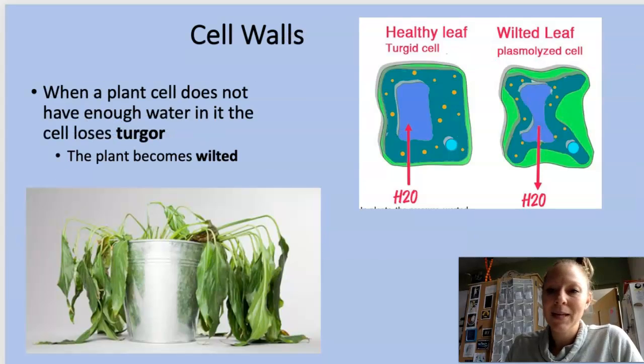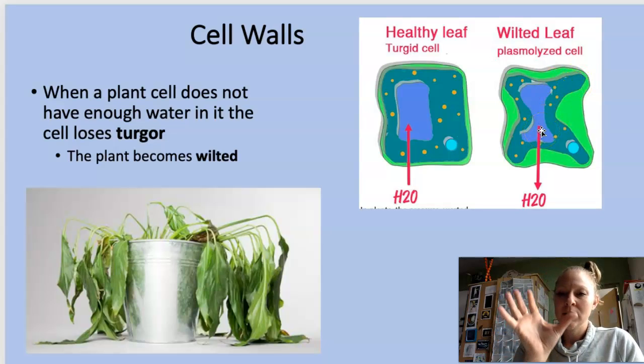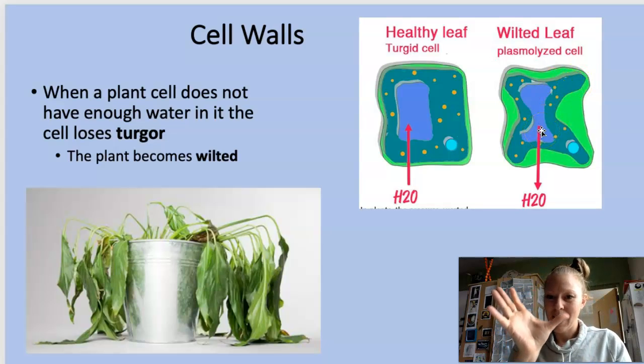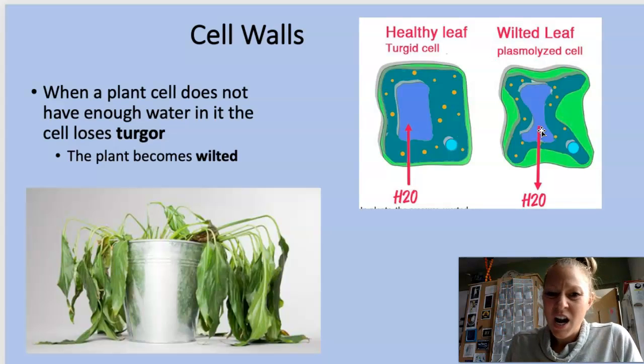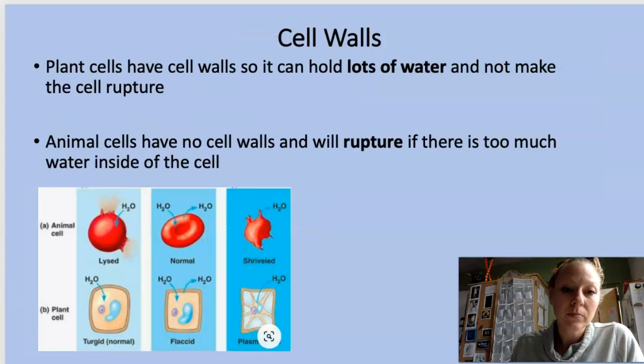But if you have a plant cell that does not have as much water and those cell walls aren't pushed outwards, they kind of move inwards, and they become wilted. So this plant hasn't had enough water, and its plant cells look like this. It doesn't have enough water to push it out and give it structure, and so the plant becomes wilted. So water is very important.